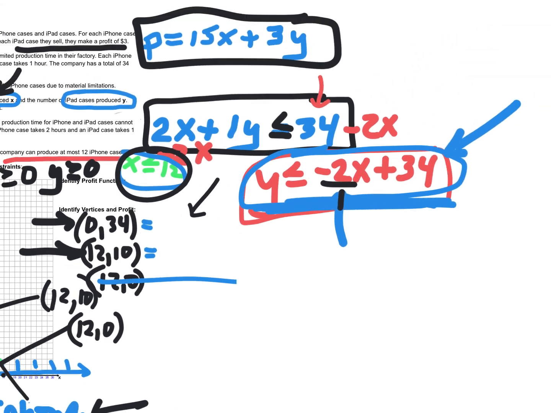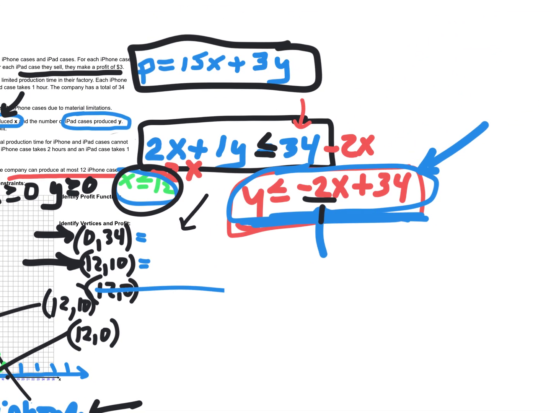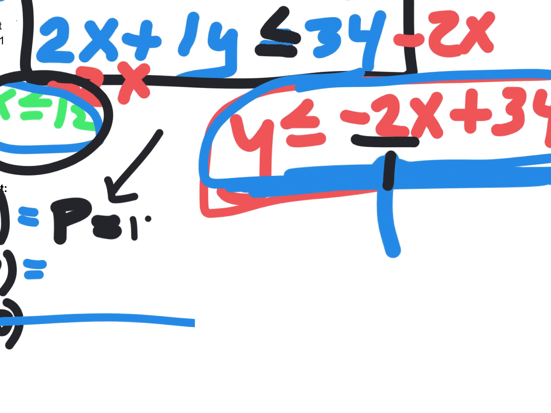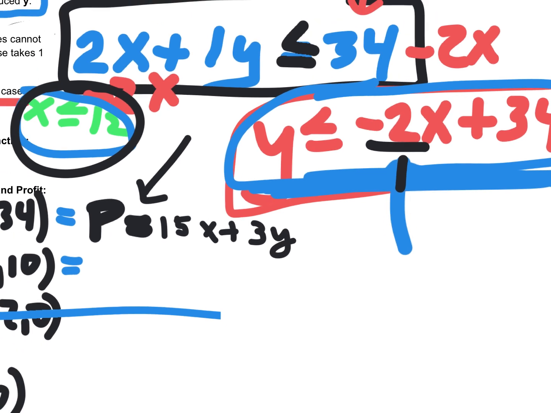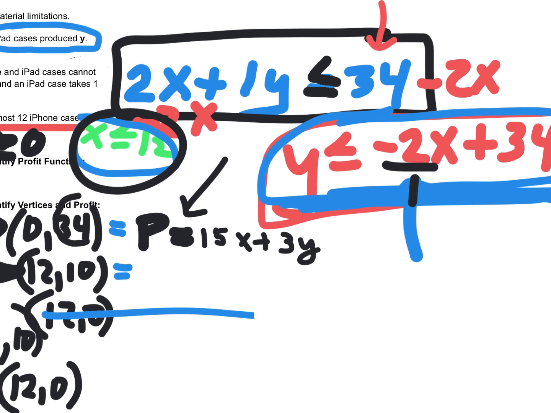Okay, so the 0, 34 has to go in here now. So I'm going to write out my profit. Profit is 15 for each X plus 3 for each Y. And in this case, we have only 34 Ys and 0 of the Xs. So 0 here, 34 there.